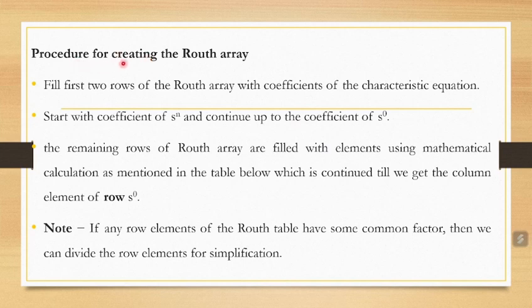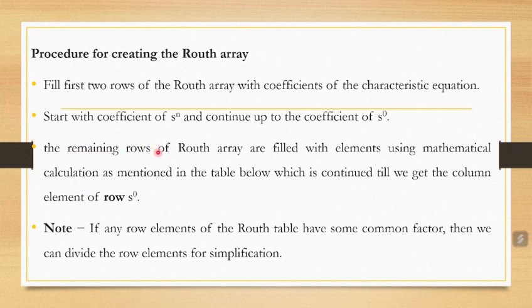Now let us consider the procedure for creating the Routh array. First, the two rows of the Routh array can be filled from the coefficients of the characteristic equation. We'll start with the coefficient of s power n and continue up to the coefficient of s power 0.